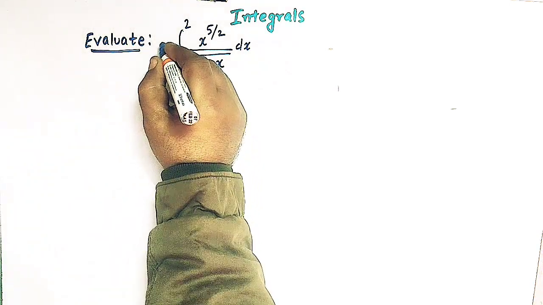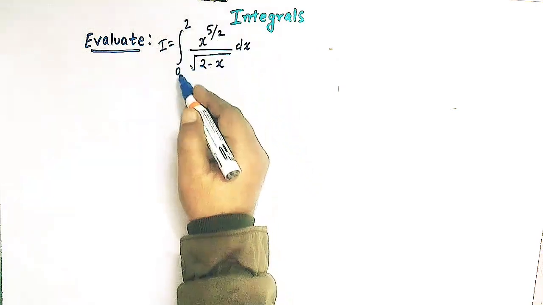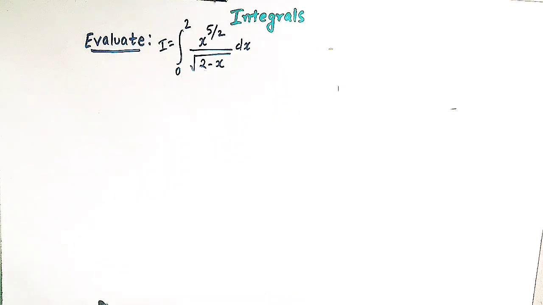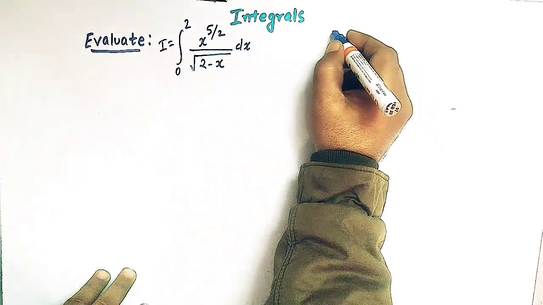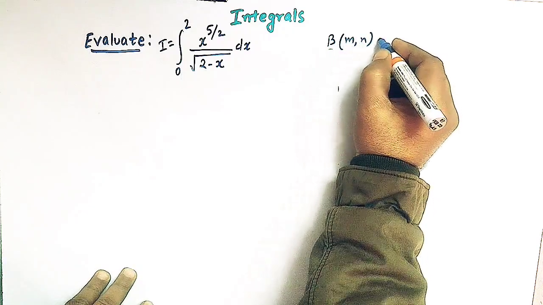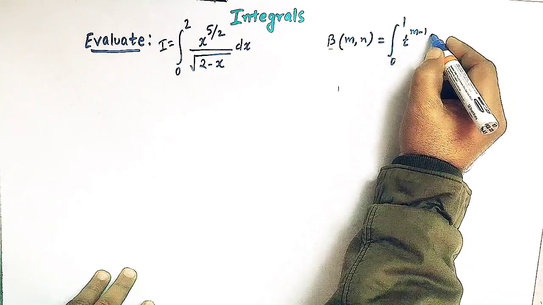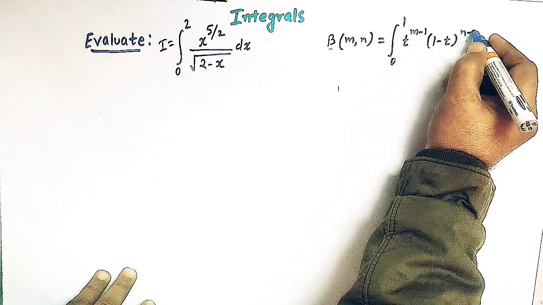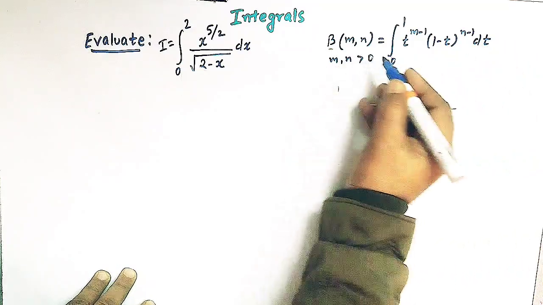So let us first take this integral as I, right? Now here what we will do, we will first make use of the method of substitution, right? And by using the method of substitution, we'll convert this integral into this form, that is the beta function, that is beta m comma n is given by the integral 0 to 1 t raised to m minus 1 and 1 minus t raised to n minus 1 dt, where m and n are greater than 0.